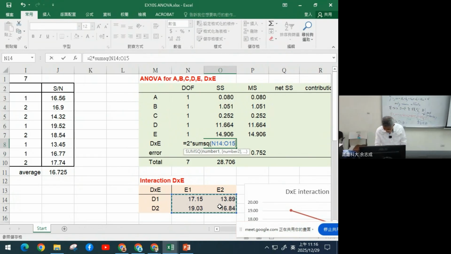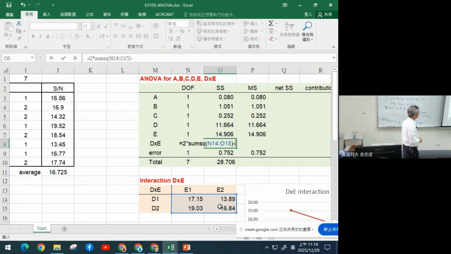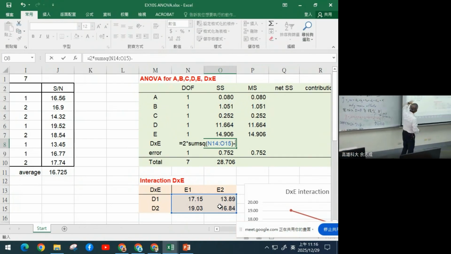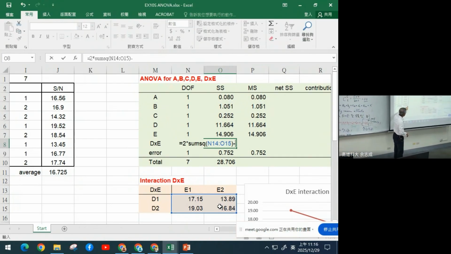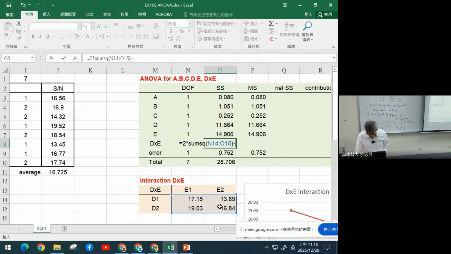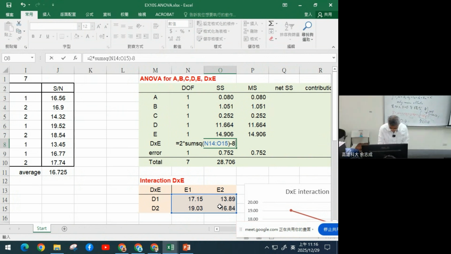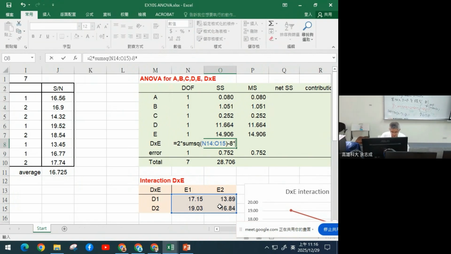And then minus the number of experiments, which is 8, 8 multiplied by the total average squared.